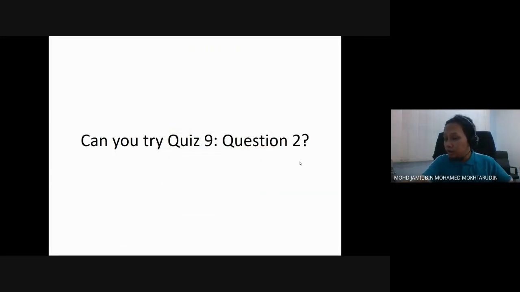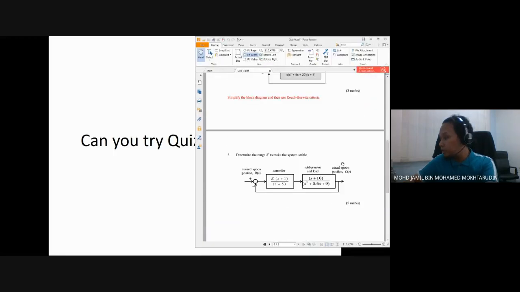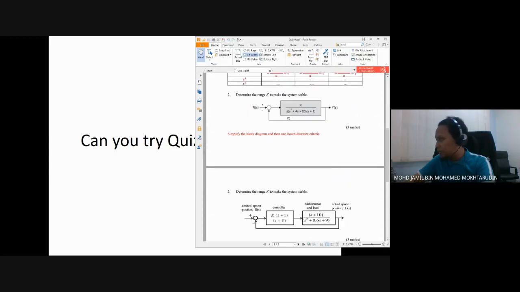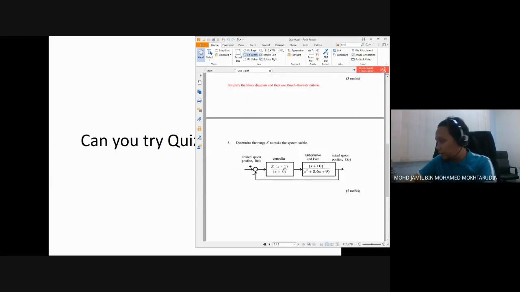Alright, so another example. Oh, there are no more examples. Okay, actually that's all. So after this you can do exercise number 3. Exercise number 3 is the same as exercise number 2, but you have more blocks in the block diagram.